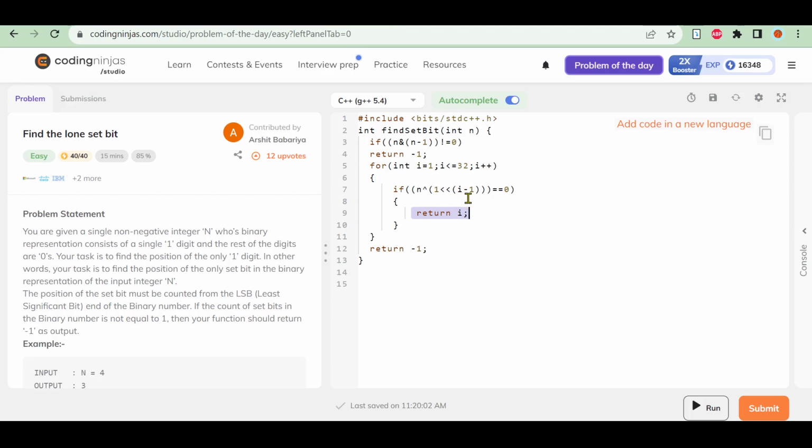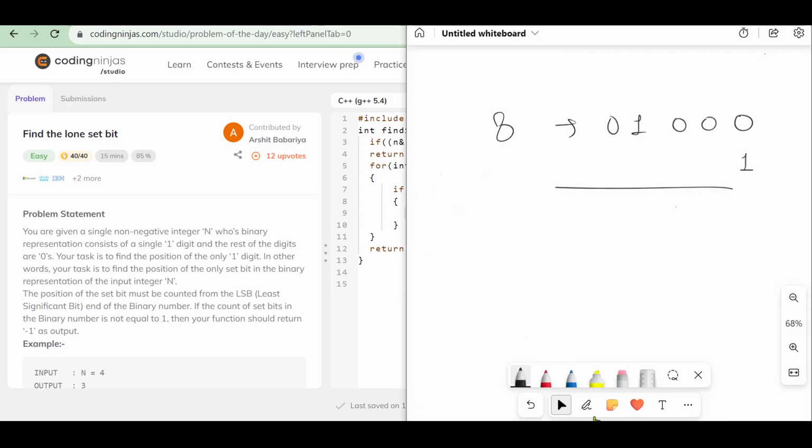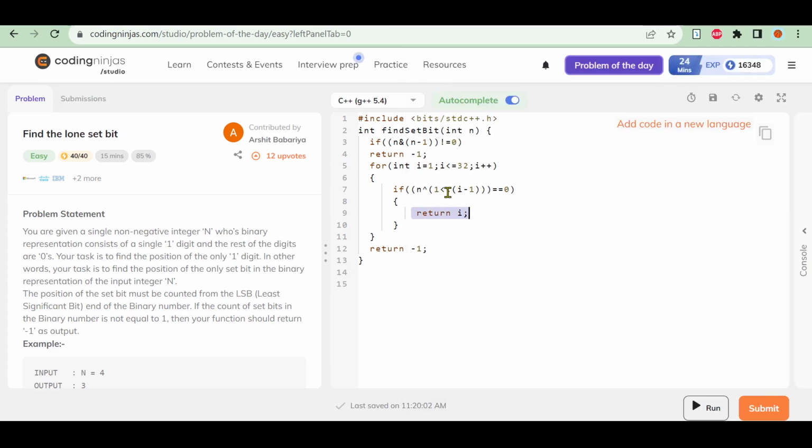Initially i is 1, 1 minus 1 is 0, so 1 will be left shifted by 0 positions, meaning it will be at the least significant bit, and I am going to perform XOR operation. Definitely it is not going to be 0, as the bits are not the same, so the result will be a non-zero number. So this if condition will not execute, and I will not return anything because I have not found the set bit till now.